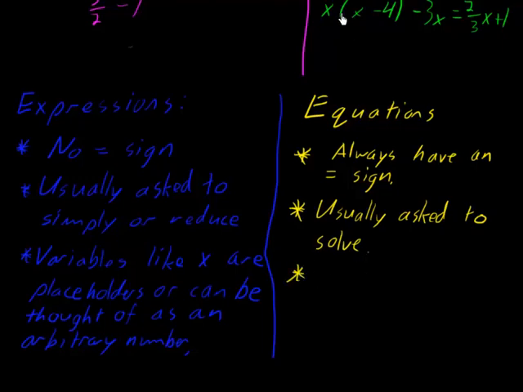And then when you have a variable in an equation, like an x or a y or something, usually what that means is you want to solve for that variable. So in something like this, what x represents is some number, and we don't know what that number is, but we want to figure out what that number is by solving this equation up here.